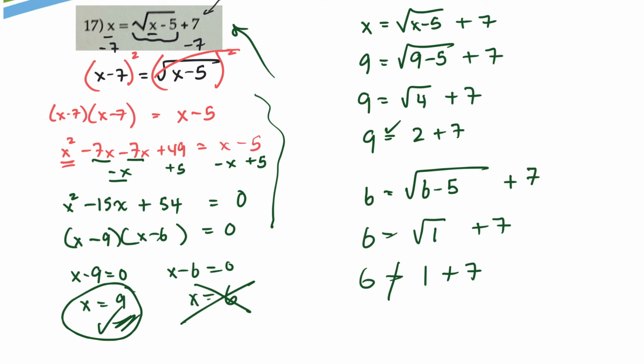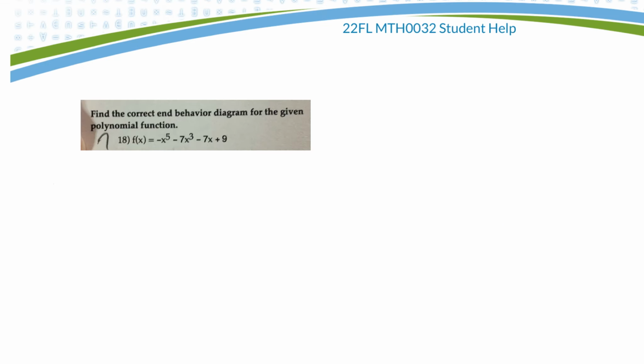Now, here's another question. Sort of jumping topic. It says, find the correct end behavior diagram for the given polynomial function. So I have a negative and I have an odd. That's the highest degree that's in the polynomial. So it's a negative odd. Negative odd. So I have to remember how those look.